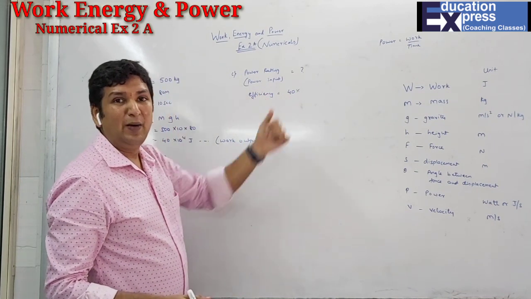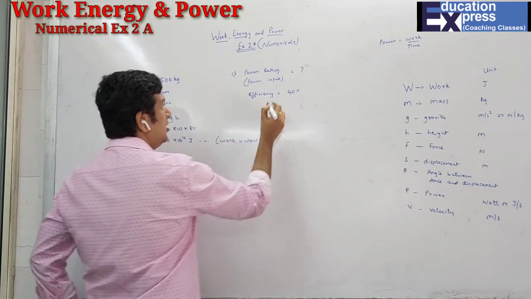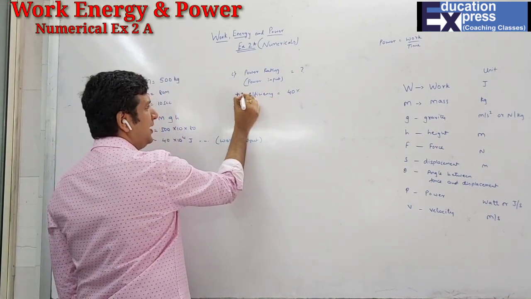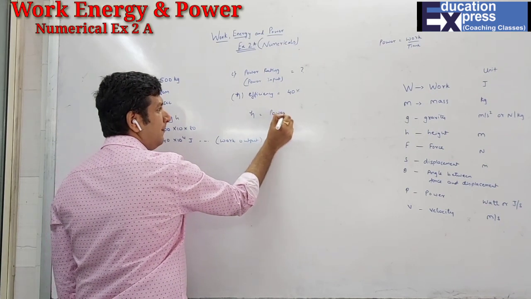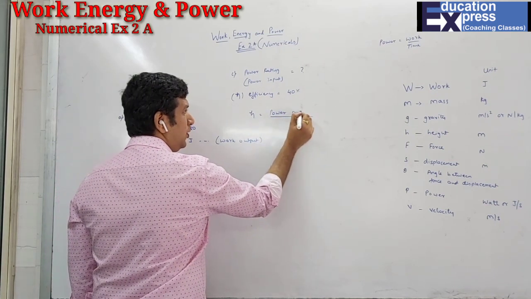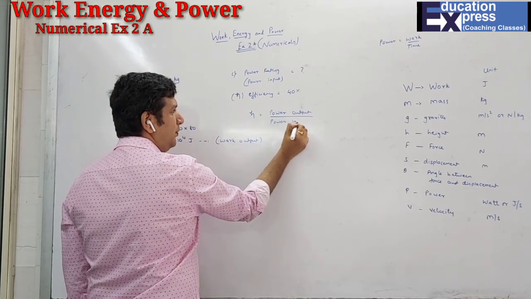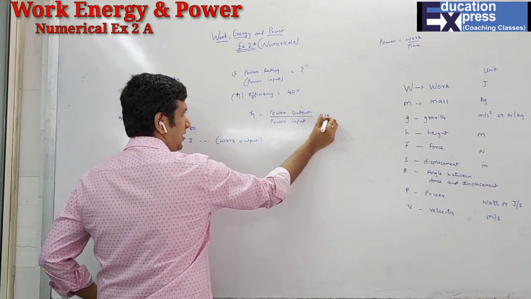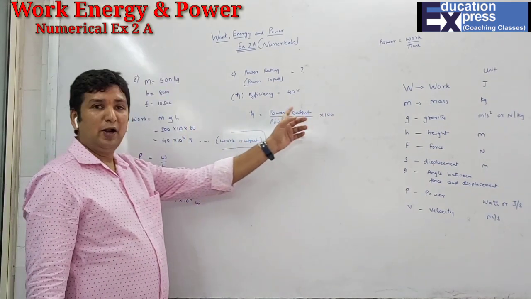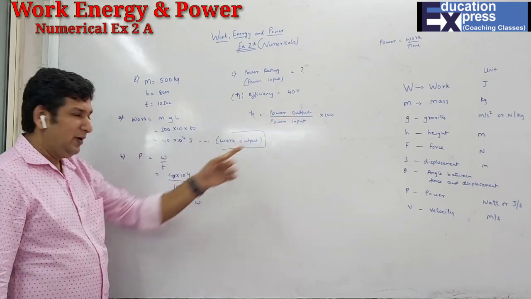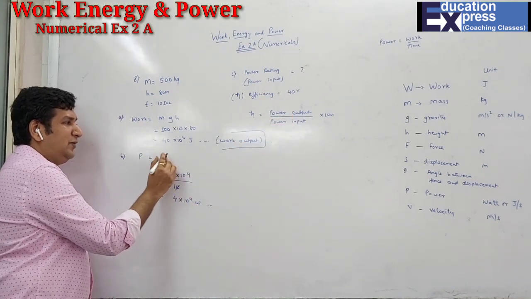Now here we have to find power rating. So for power rating, there is power input. First, the formula: the efficiency is power output upon power input into 100. Power output we have already calculated over here. This was nothing but the power output because the work I have taken is work output.